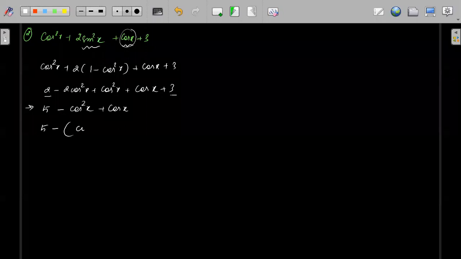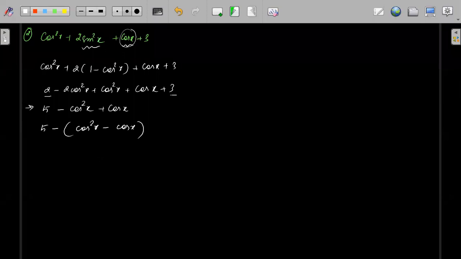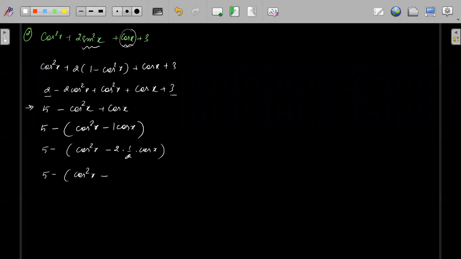Okay. So what I will do, I will write 5 minus, and I will take common because cos square is on minus sign. So I will take cos square x minus cos x, right? Now look at the step very carefully. I will convert this part into a perfect square. So this is 5 minus cos square x minus 2 into 1 by 2 into cos x, and I write minus 1 by 4 plus 1 by 4, which is still the same.